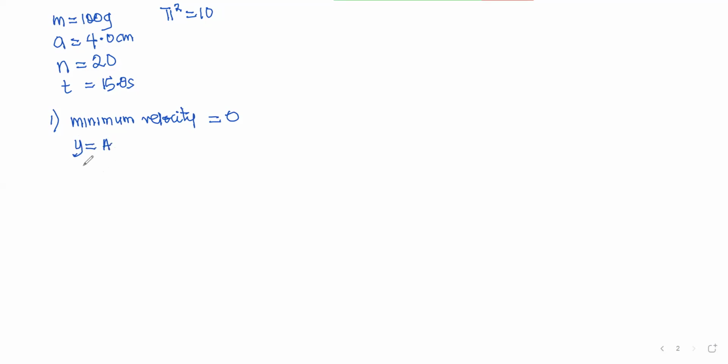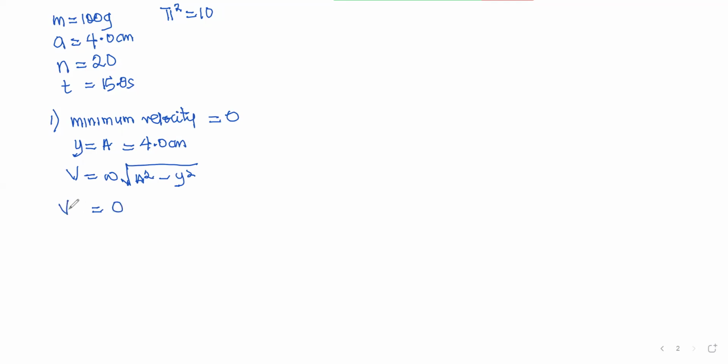So if the displacement is equal to the amplitude, we are given the amplitude to be 4, and the displacement would also be 4 at that point. And so when you use v is equal to omega times square root of A squared minus y squared, because y is equal to A, it will be equal to 0.